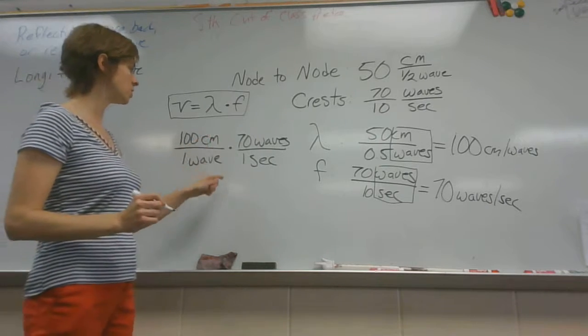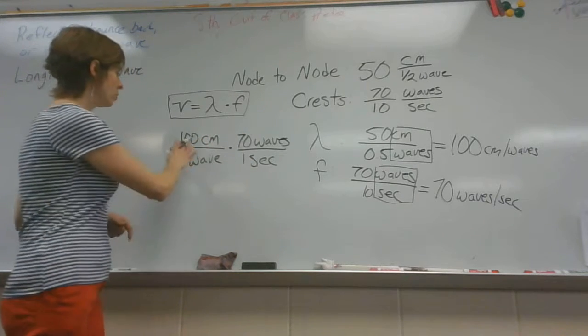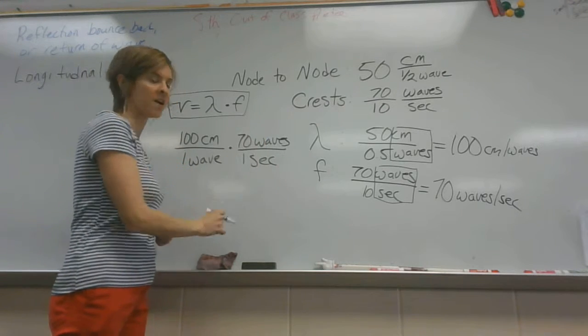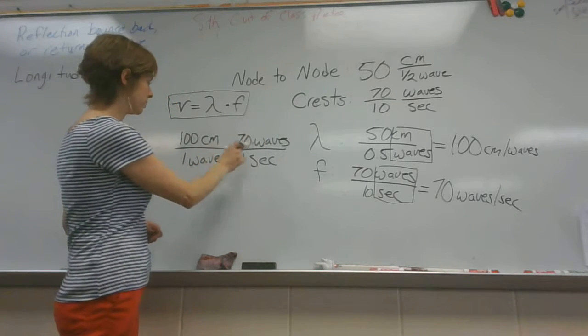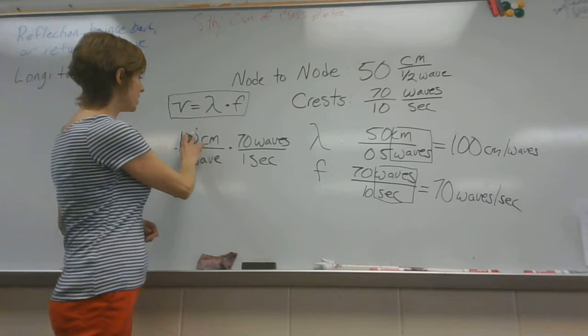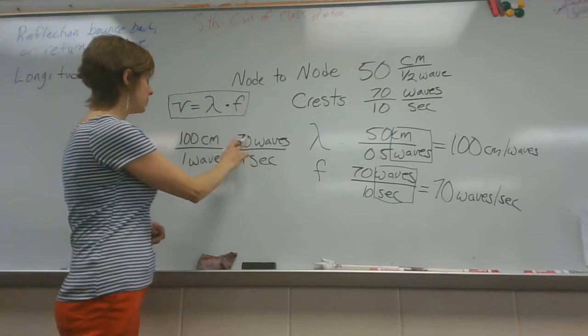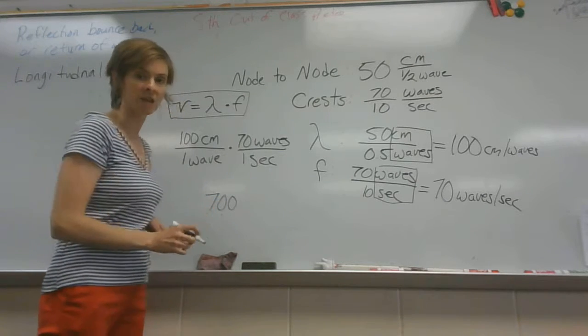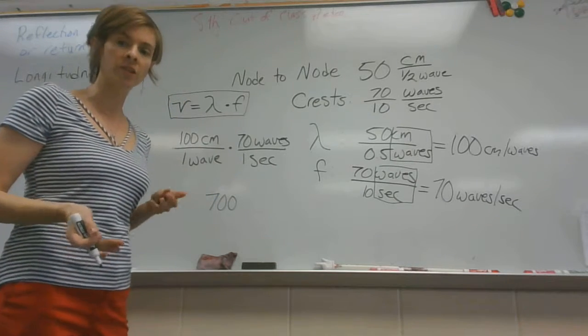And so if we do this, okay, we have 100 over 1 and 70 over 1, and when we multiply in a fraction, we're just multiplying across and multiplying across. So it's 100 times 70, which ends up being 7,000. So my number is 7,000, but then I got to figure out the units.